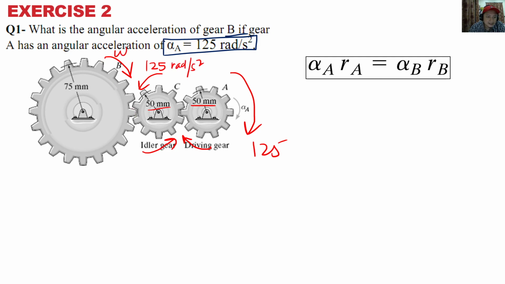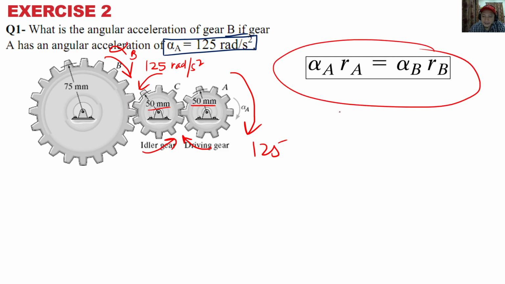Now you're looking at alpha B. So use this formula. Alpha A, 125, times 50.